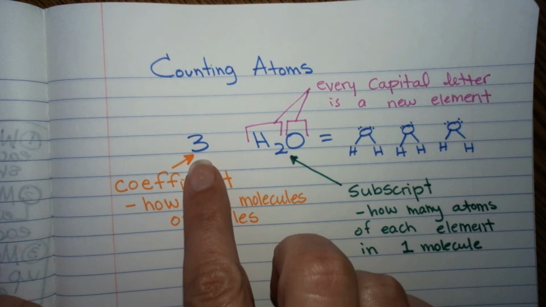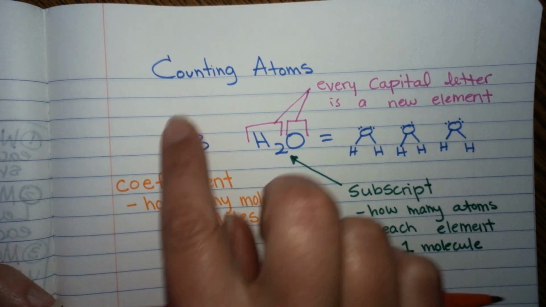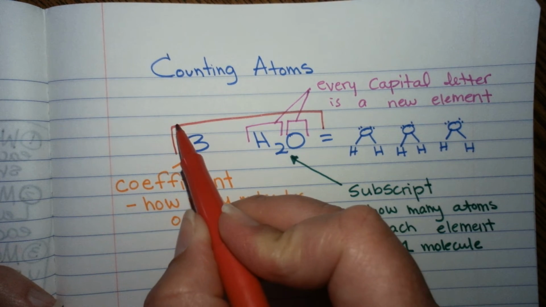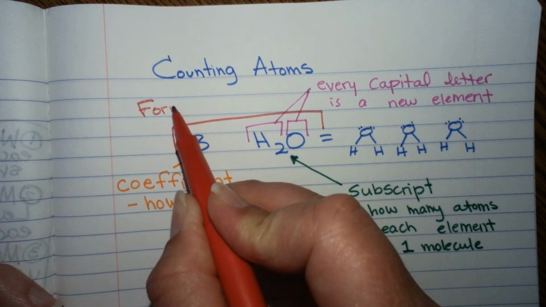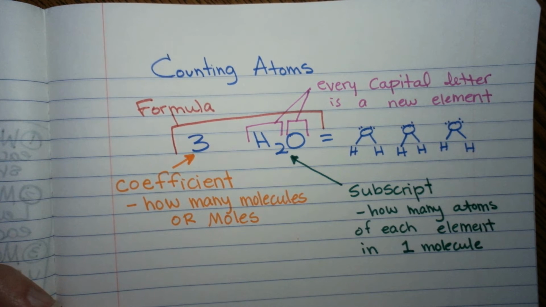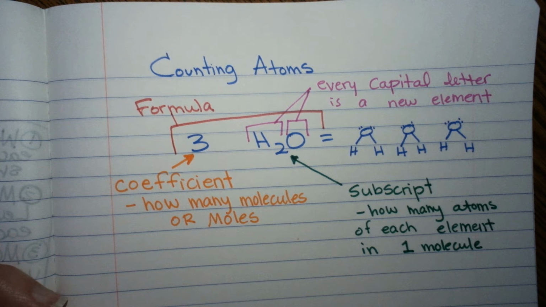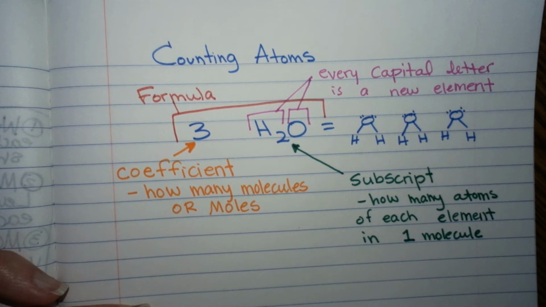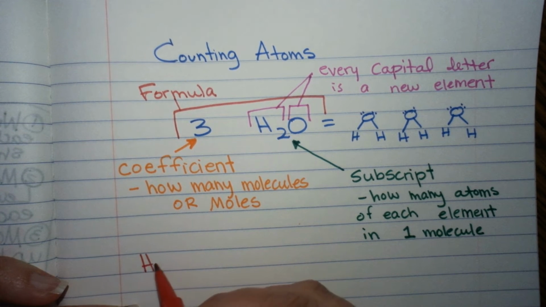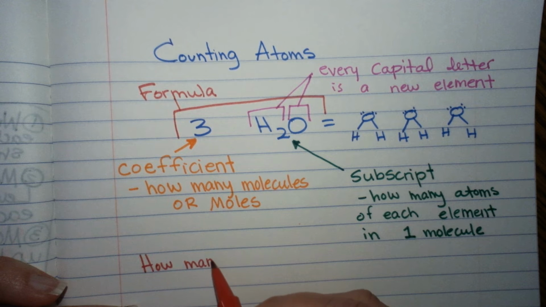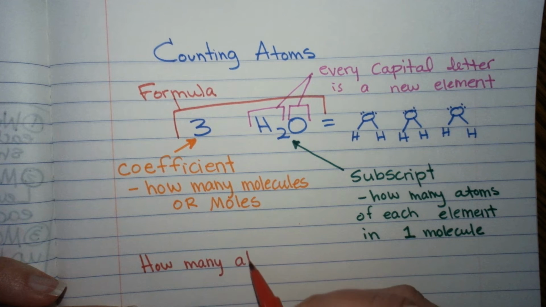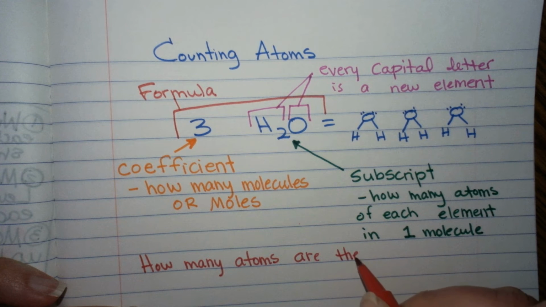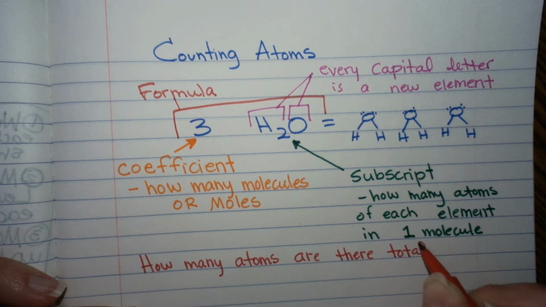So if I'm asked how many atoms of hydrogen are in this formula, we could label this as the formula. Then we would take coefficient times subscript. Here's another question you might be asked: how many atoms are there total?